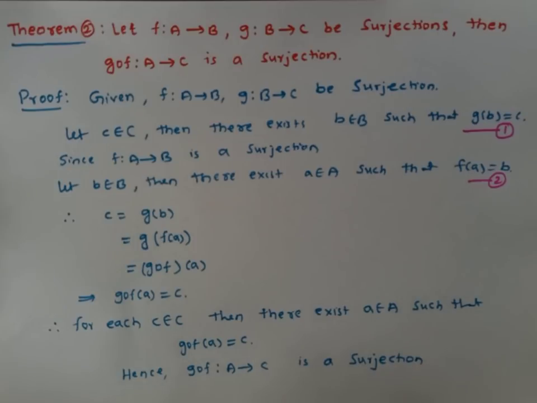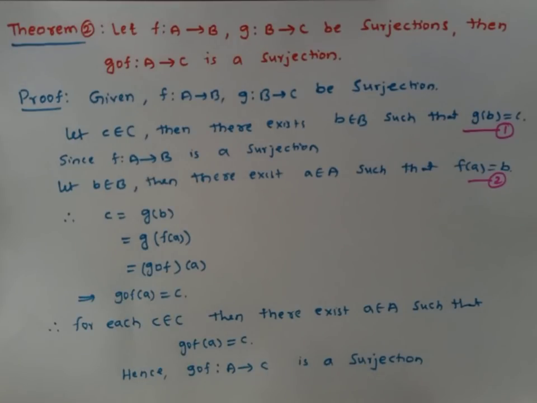So remember the statements also. If F and G are injections, then G circle F is an injection. If F and G are surjections, then G compose F is also a surjection. Now we can generalize one more statement. If F and G are bijections, then G compose F is also a bijection.